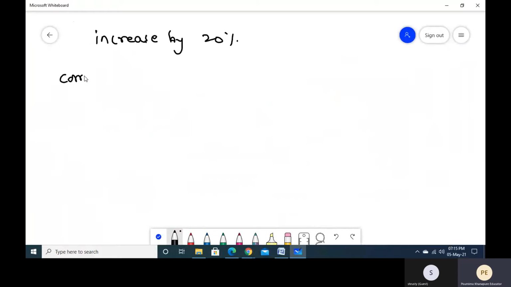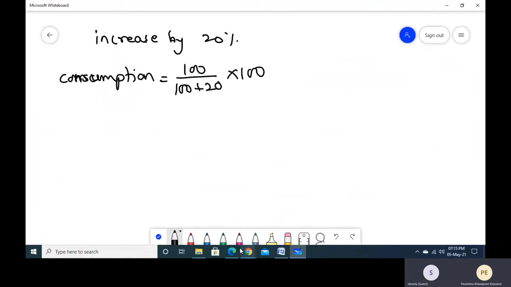So we have to decrease the consumption. That is given by 100 upon 100 plus 20, into 100. So that's 10,000 upon 120. The 0 gets cancelled.